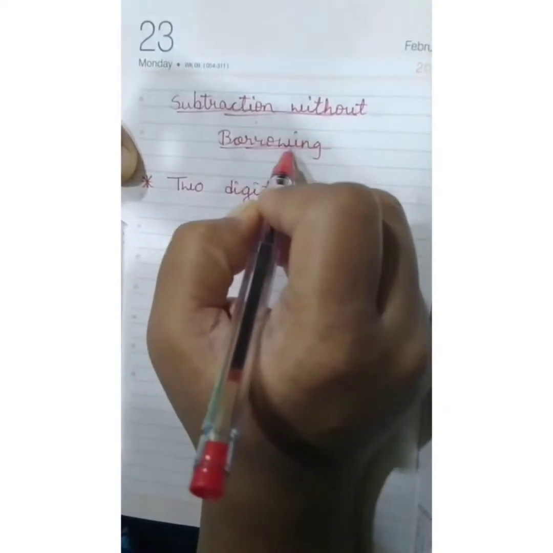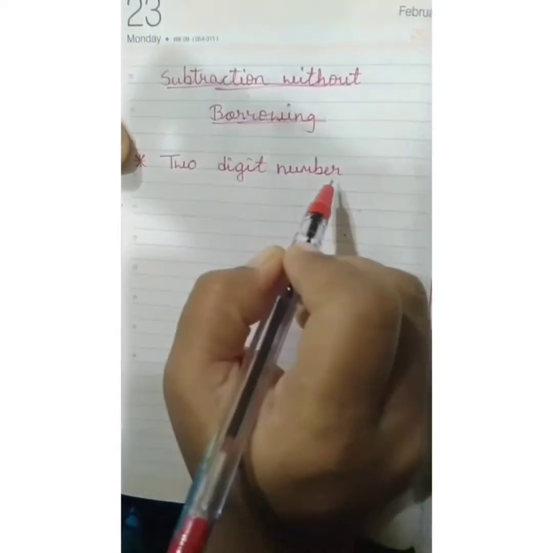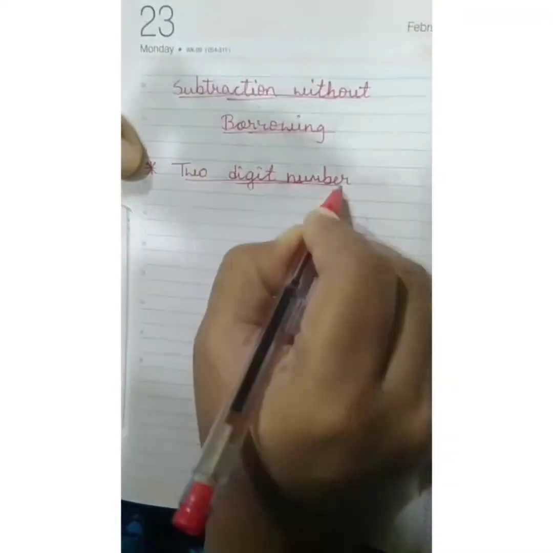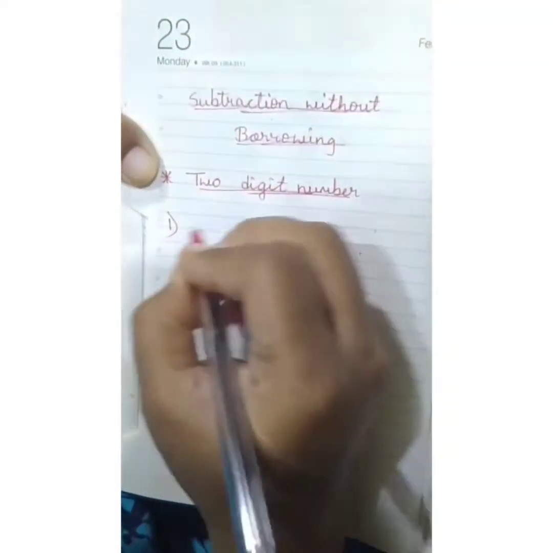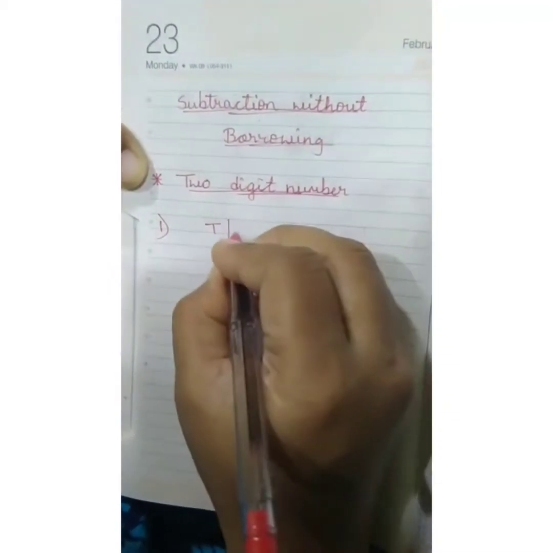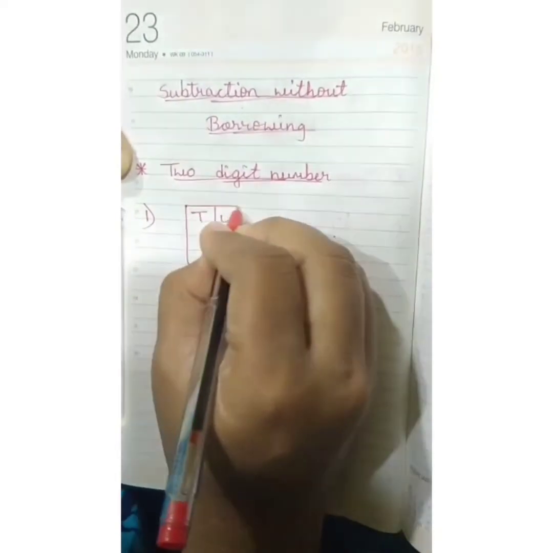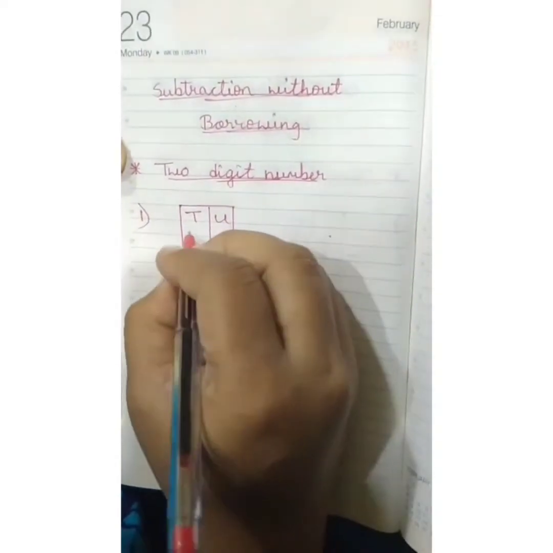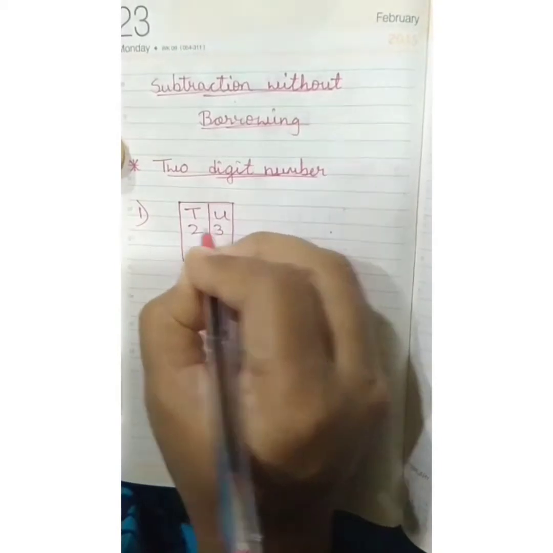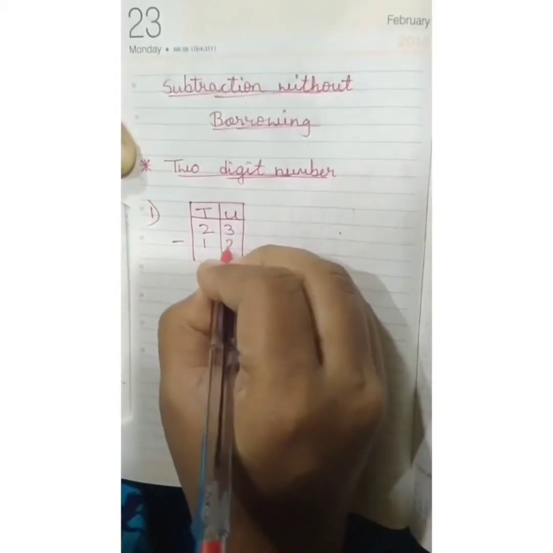Subtraction without borrowing. In your previous class you have learned 2-digit number subtraction. Now here let's do one example. 23 minus 12.